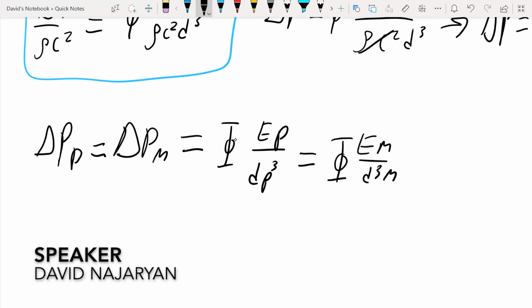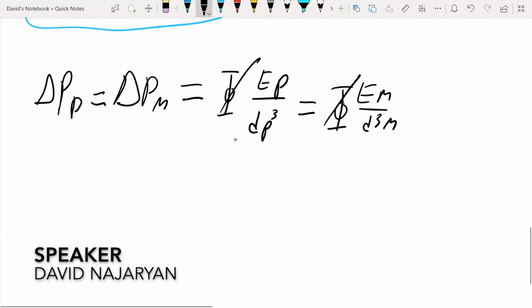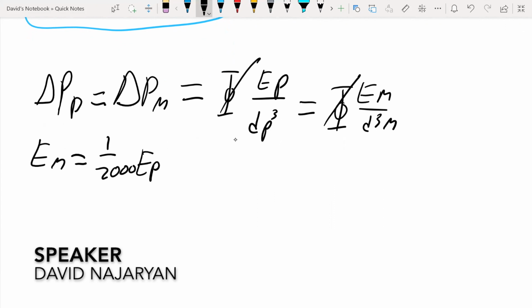Again, this is the prototype: P is the prototype, and m is the model. Just by the equation, these phi's have to be the same, so we can cancel them. Our problem also states that our model is 1/2000th of our prototype, and the diameter for our prototype is given.